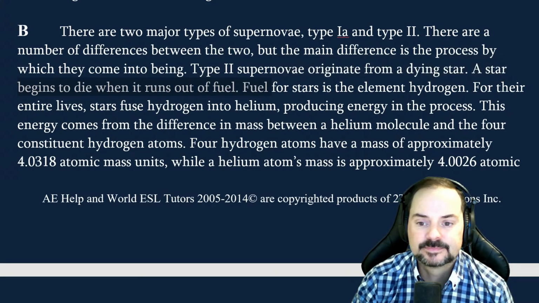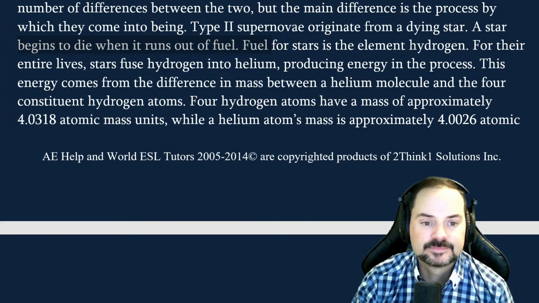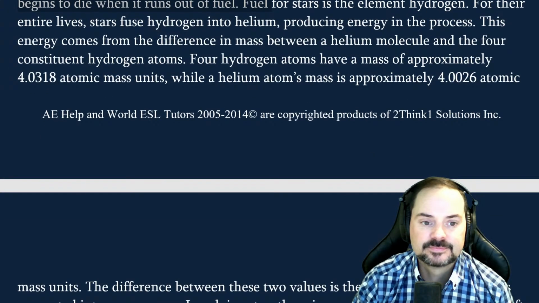Fuel for a star is the element hydrogen. For their entire lives, stars fuse hydrogen into helium, producing energy in the process. This energy comes from the difference in mass between a helium molecule and the four constituent hydrogen atoms.